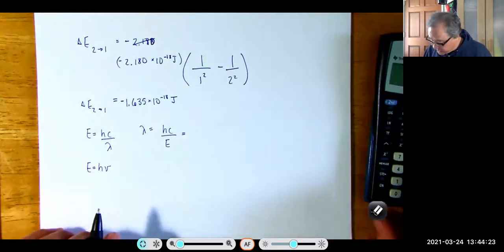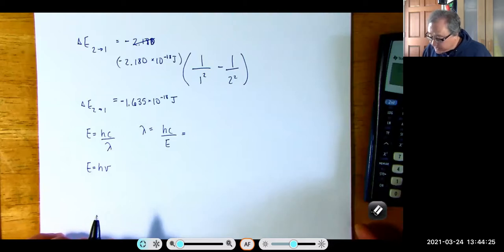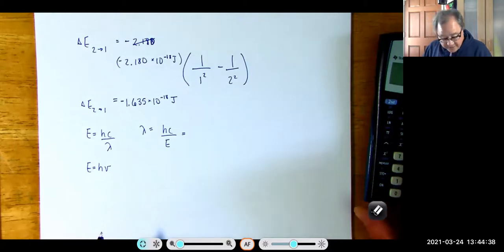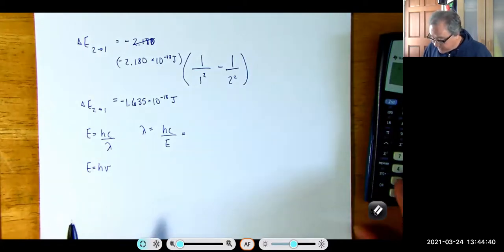h is 6.626 times 10 to the negative 34, times 2.998 times 10 to the 8, and then divided by that 1.635 times 10 to the negative 18.